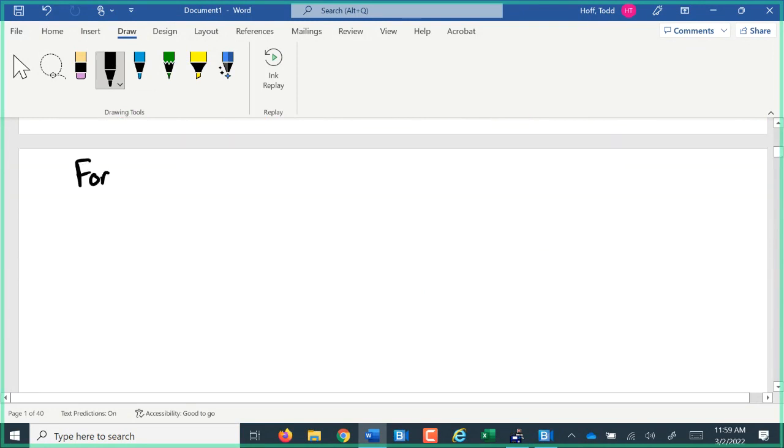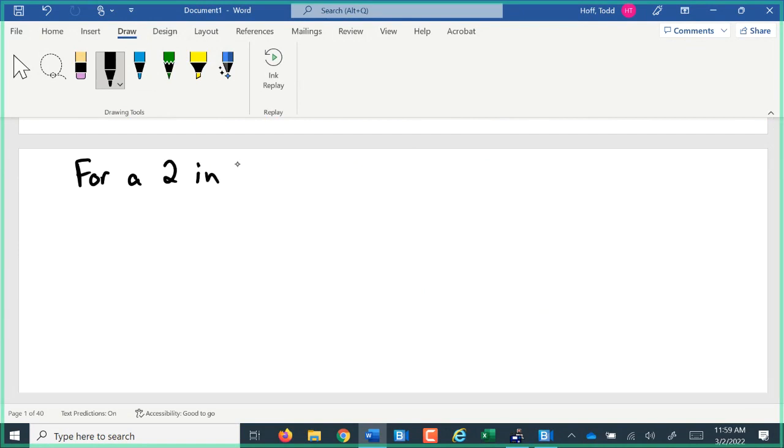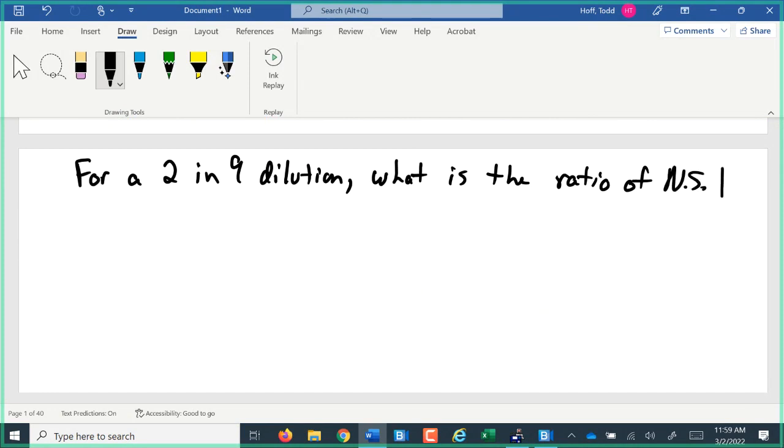Or it might be asked for a 2 in 9 dilution, what is the ratio of saline to total solution? So again, remember 2 and 9 dilution.